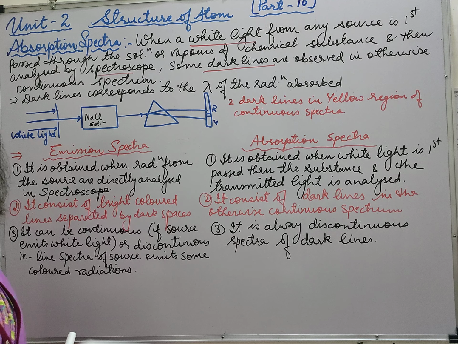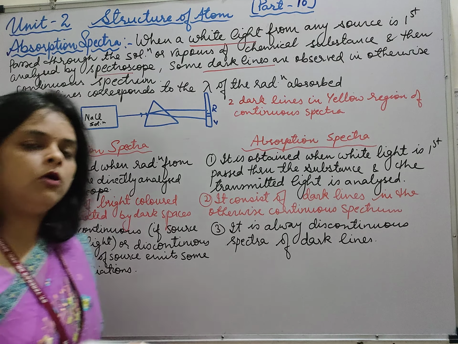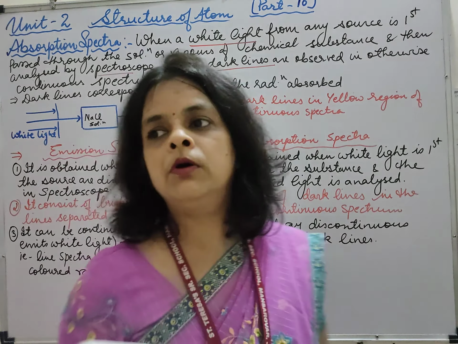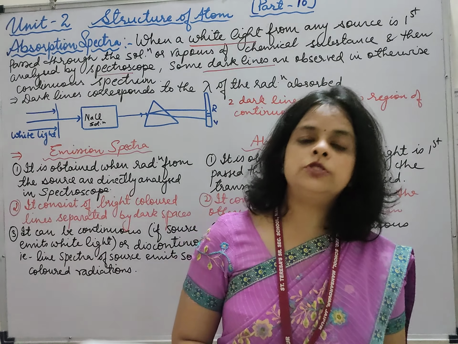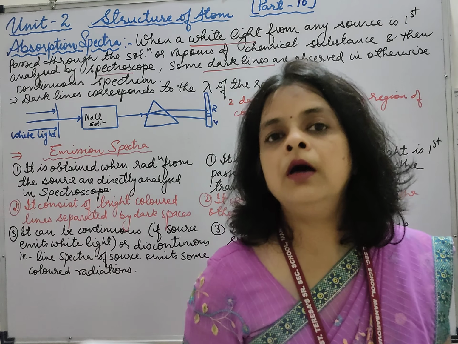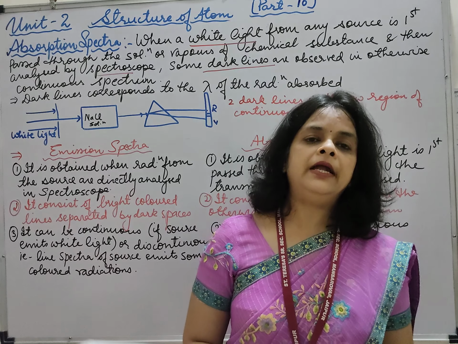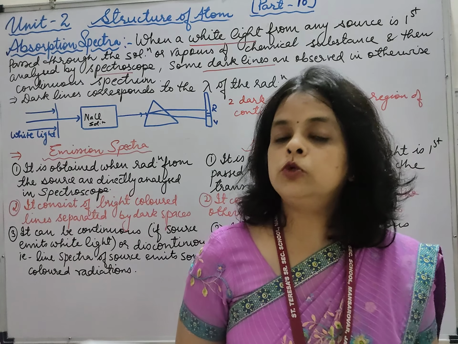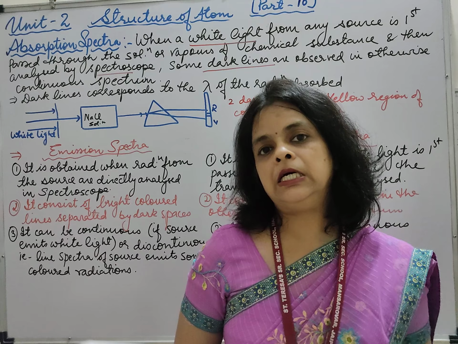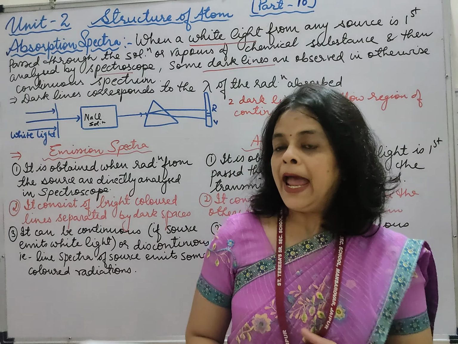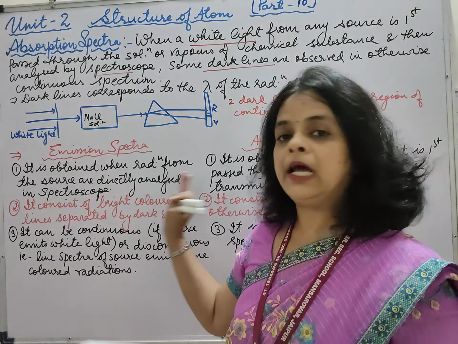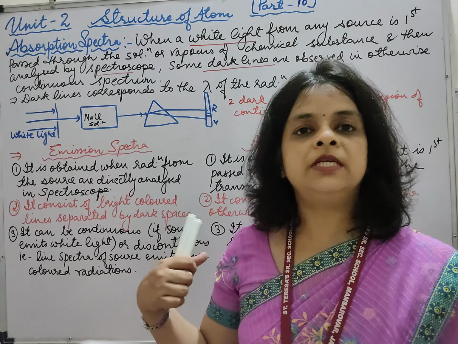You can make your notes, students. I have tried to summarize. You will get all of this in the reference books and your textbook, but I have tried to summarize the atomic spectra, its division into emission and absorption, then the two types of emission spectra, that is continuous and discontinuous, and the differences between emission and absorption spectra.